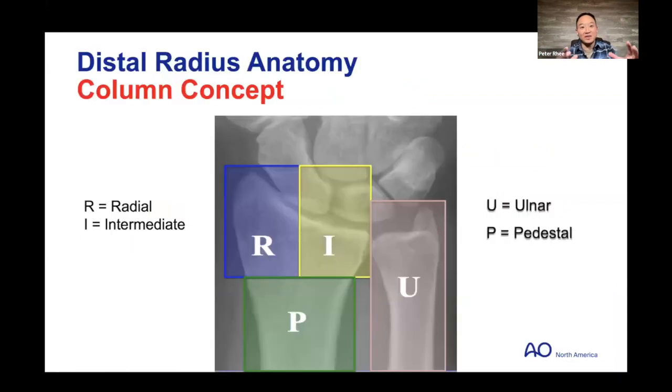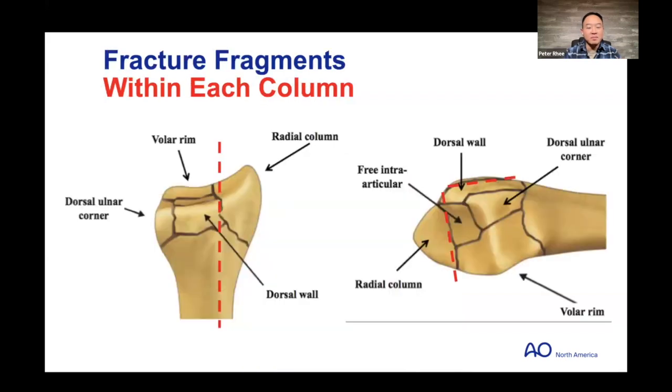So I alluded to the fact that there are these osteoligamentous fragments, and I really like to use this column concept described by Rikli and Regazzoni. It really just says that within this intermediate or central column, there are a lot of fracture fragments that can occur. There can be a lot of different variations, but as astutely noted by Malone in his classification, these are fairly predictable fracture fragments.